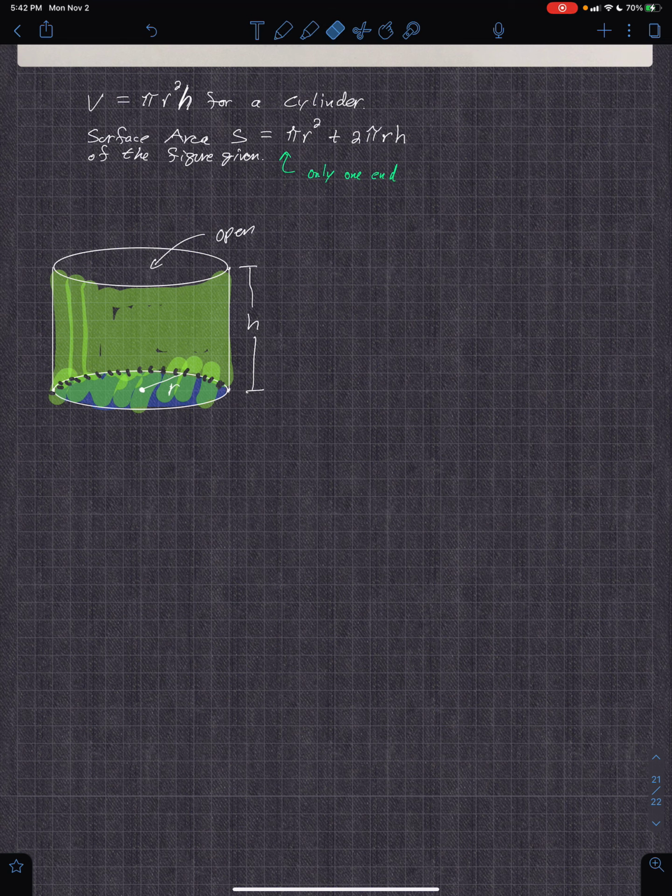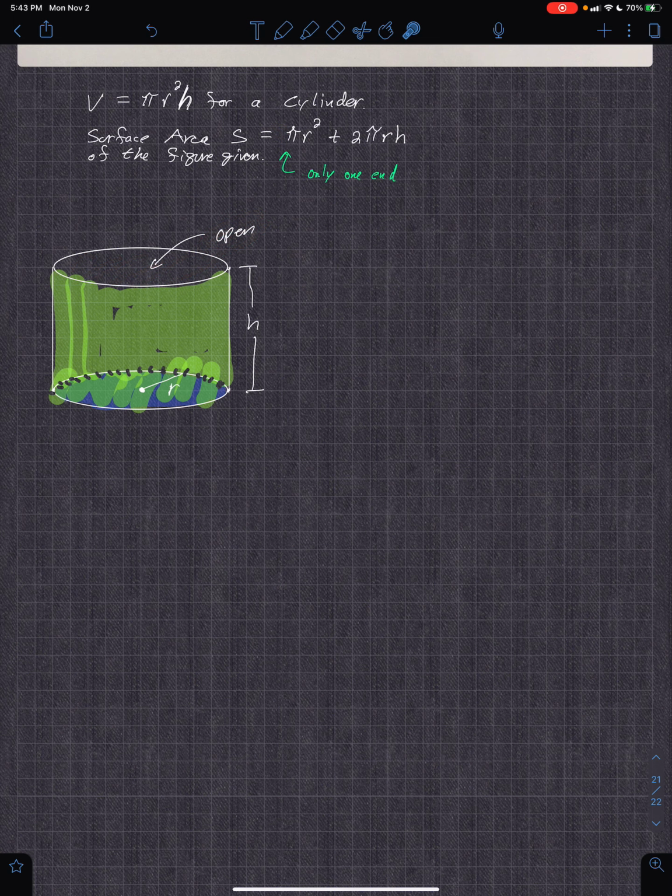Normally you say area of the base and area of the top times 2, and then you do the sides. The sides for surface area is the circumference around the circle times the height. That's always your 2 pi r h. So normally you have a 2 there, but we don't because the top is open.